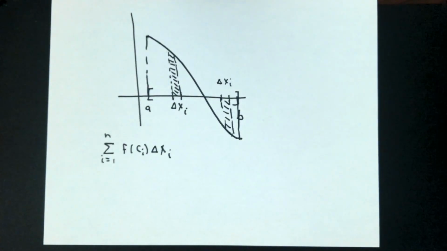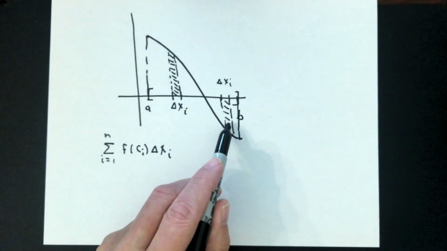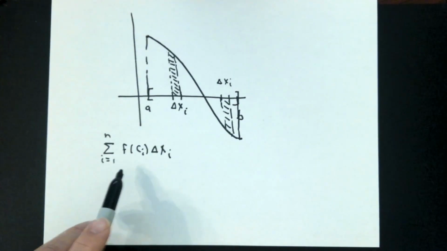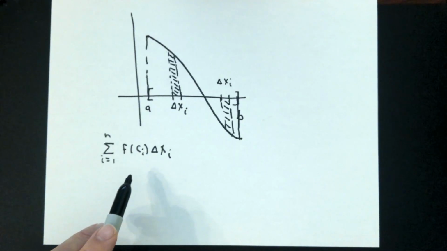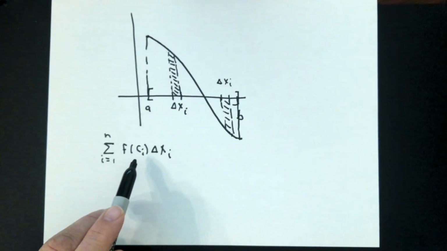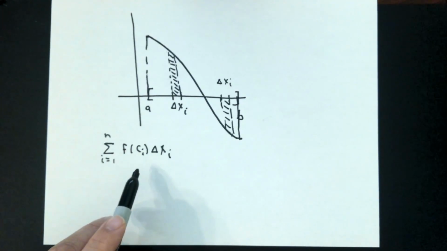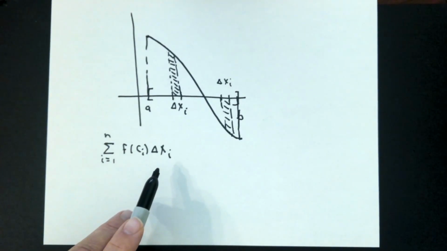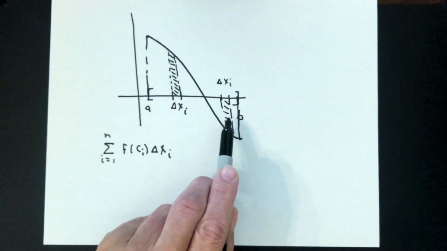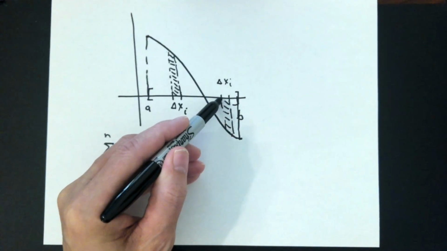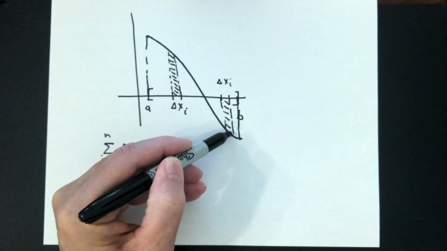But on the other hand, if the function value were negative, like here for instance, the quantity f evaluated at ci times delta x i is going to be a negative number times a positive number, which is negative. It's the negative of the area between the x-axis and the curve.